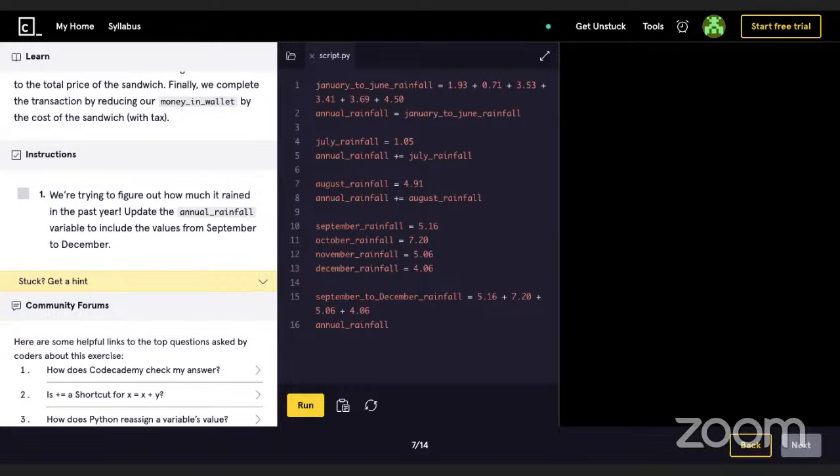Then you do space. Then you do equals. Then you do September, underscore.